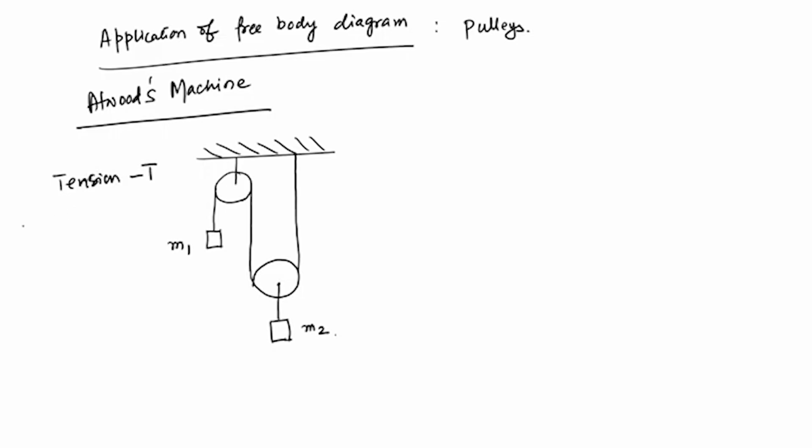And in order to analyze this problem, we have to know the accelerations of masses m1 and m2 and their relations. The unknowns are of course a1, a2, that is the acceleration of mass 1 and the acceleration of mass 2, and the tension, which we have to find from the equation of motion.